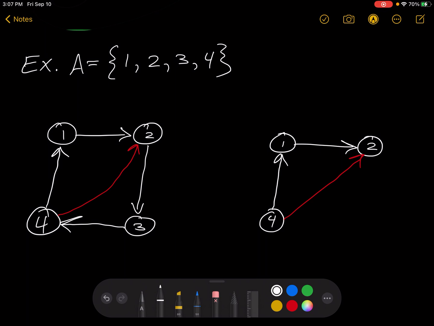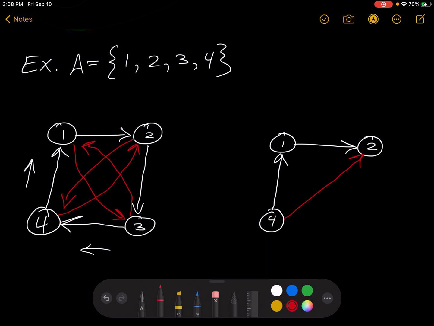Okay, now let's play that same game. We have that, so that tells us we need that. Okay, we have that, so that tells us we need that. All right, and now we have that and that, which tells us we need that.